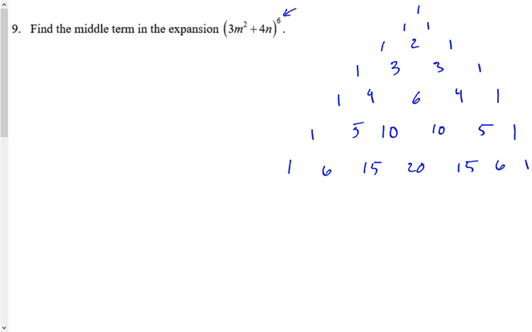So this would be the row that I'm interested in. My second term is a 6. I want the middle term, so I can think, oh, this is 6 choose 0, 6 choose 1, 6 choose 2. This will be 6 choose 3 is where that 20 will have come from.